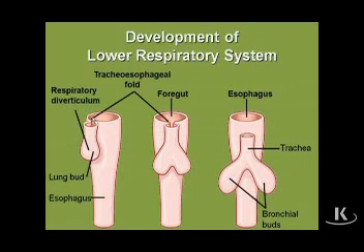This also tells us that since the gut tube is lined by endoderm, the respiratory diverticulum is lined by endoderm. And so therefore, we should anticipate that the epithelial lining of the respiratory system is going to be an endodermal derivative. And it is. All of the epithelium of the respiratory system is endoderm.